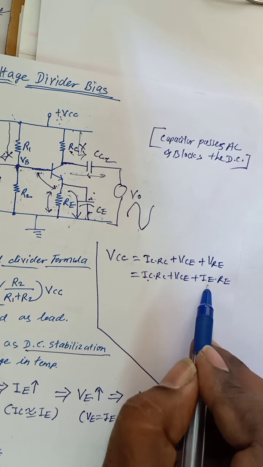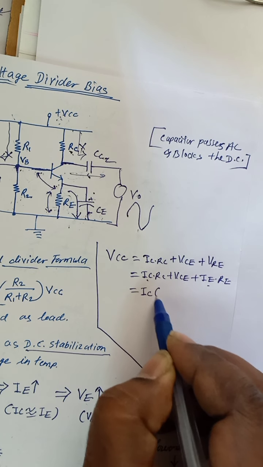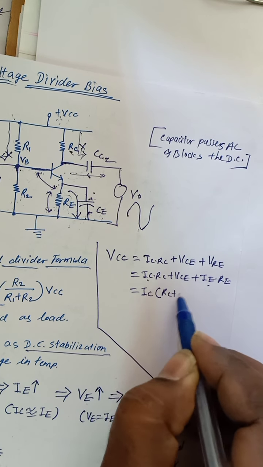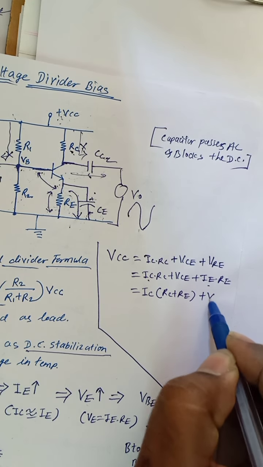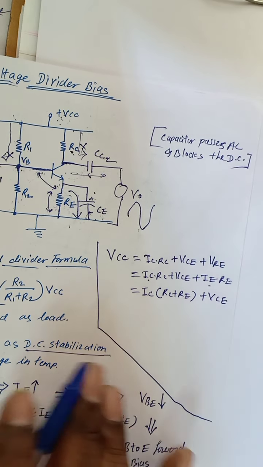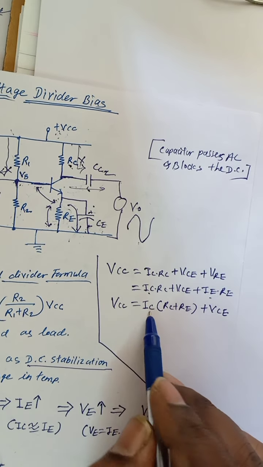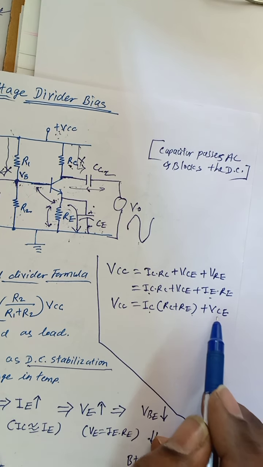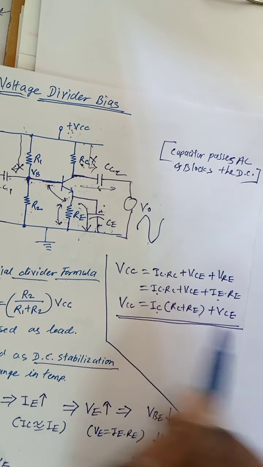IC is approximately equal to IE, so therefore we write VCC equal to IC into bracket RC plus RE, plus VCE. So this is the output equation for this amplifier.